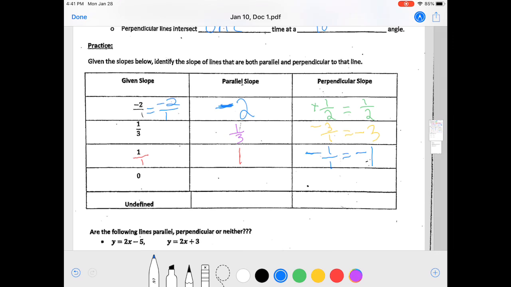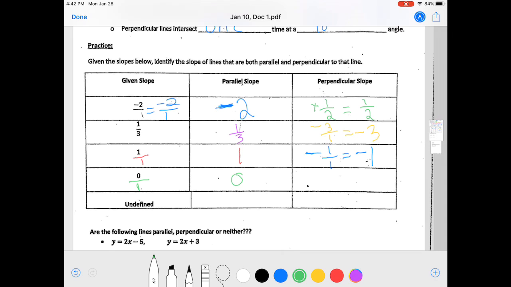Now 0 and undefined are the tricky ones. So when we're given a slope of 0, our 0 is understood above a 1 still. So 0 divided by 1 is 0. Make sure you do not do 0 divided by 0. So our parallel slope is going to be the exact same thing.